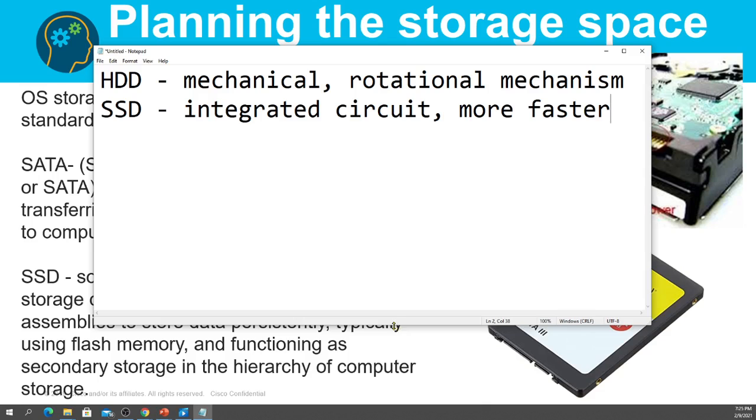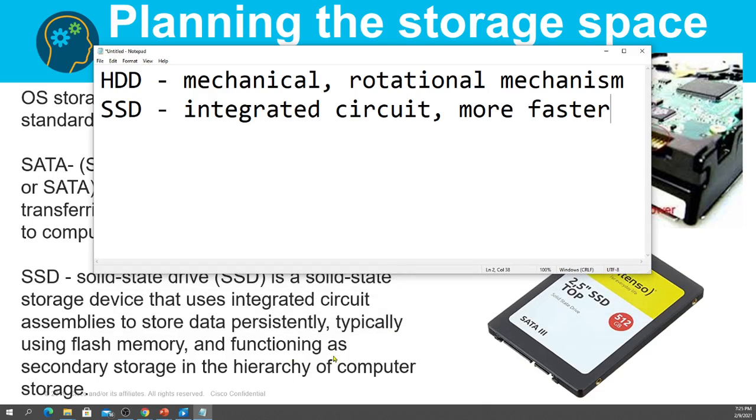If I continue reading this, functioning as secondary storage in the hierarchy of computer storage. When we say hierarchy, we mean sequence. First is your RAM, random access memory. That is the primary.